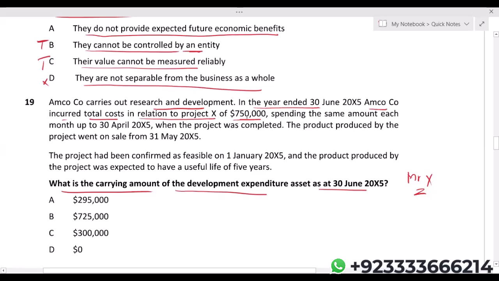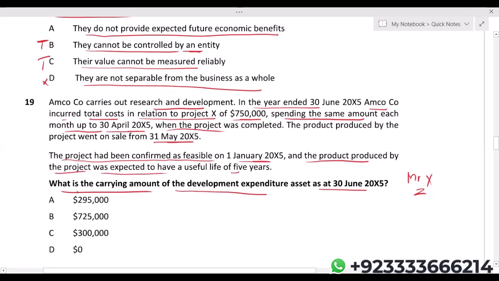So the total cost which the company has incurred is 7,50,000, spending the same amount each month up to 30th April X5. When the project was completed, the product produced by the project went on sale from 31st May X5. The project had been confirmed as feasible on 1st January X5, and the product produced by the project was expected to have a useful life of 5 years.